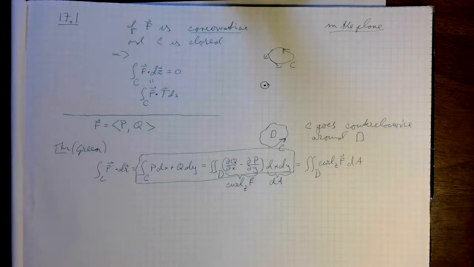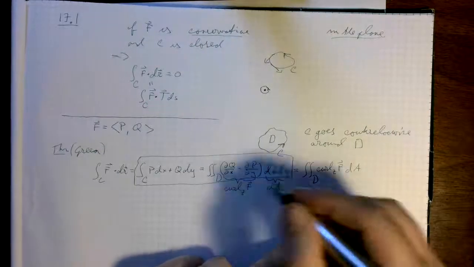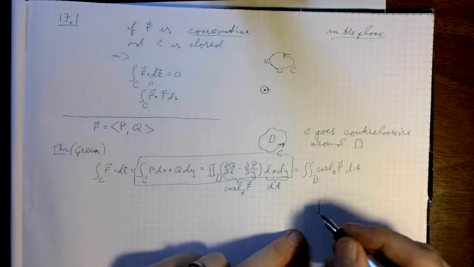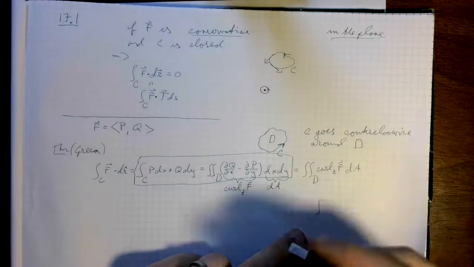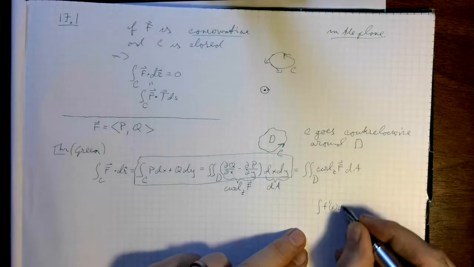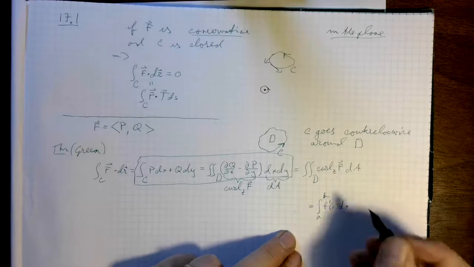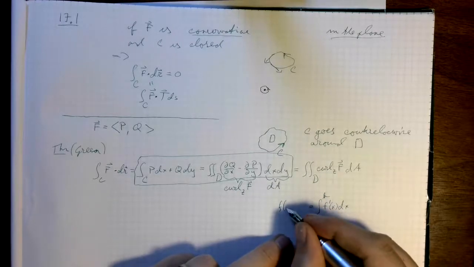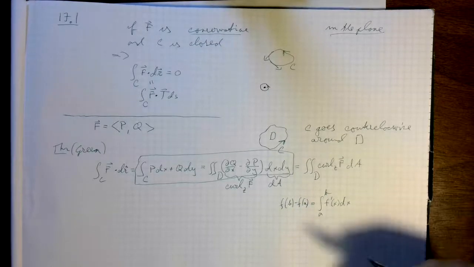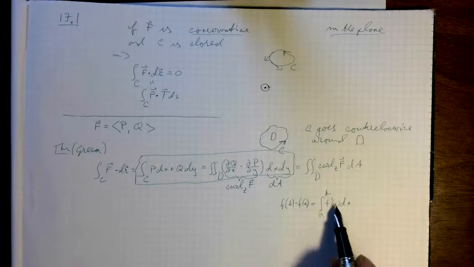Maybe let me write it down in this order. I had the integral from a to b of f prime x dx equal to f b minus f a. That was the standard fundamental theorem of calculus: the integral of the derivative.